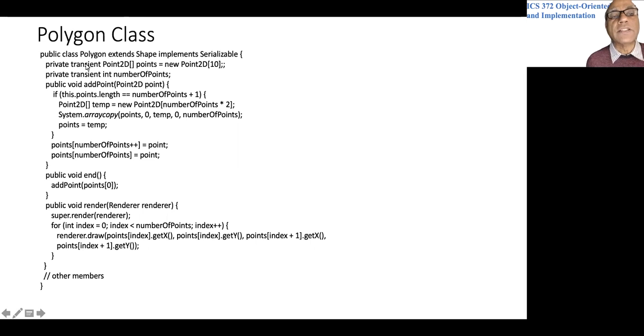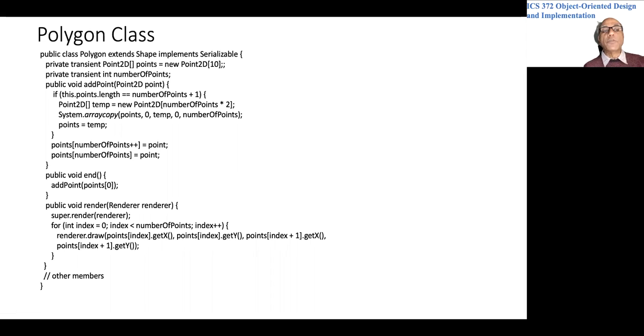Transient means this field should not be considered for serialization. So when we serialize a polygon, the array will not be serialized, the number of points will not be serialized. And we chose not to do this, the reason being Point2D is not a serializable class.